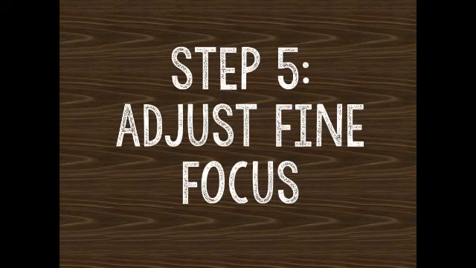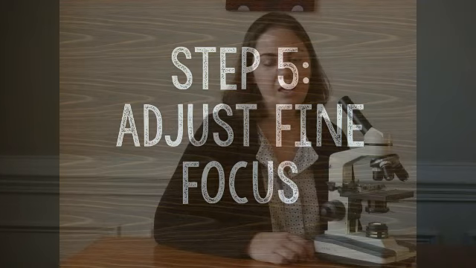Okay, I found it. Now I use one eye open, one eye closed when I focus my microscope. Technically that's not the way you're supposed to do it. You're supposed to keep both eyes open, but it's been working for me so far, so I'm going to keep doing it. Step number 5 is simply to use your fine focus knob to bring your specimen into the greatest detail possible.